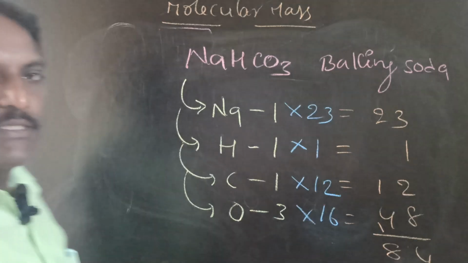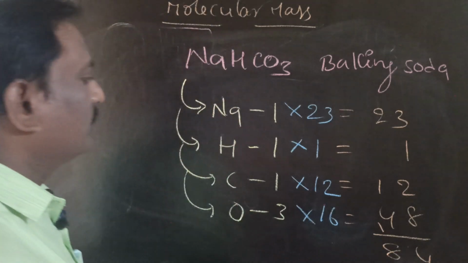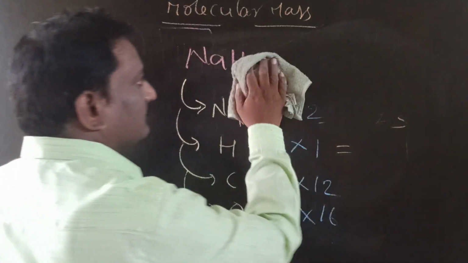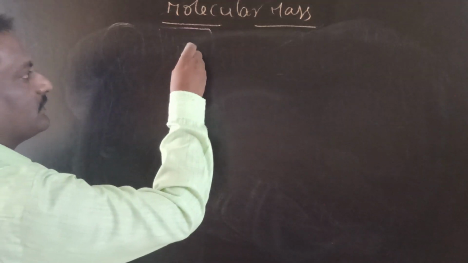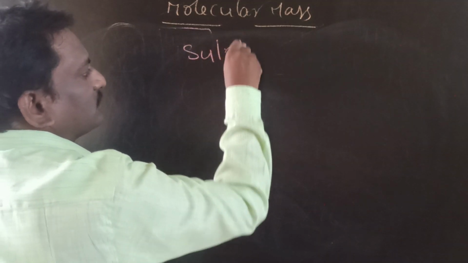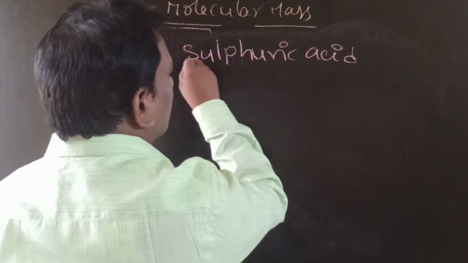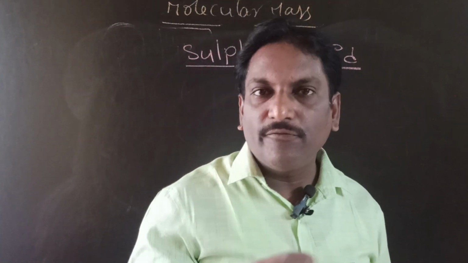Is it clear to you, my dears? Right, very good. Now let us take one more example. Sulfuric acid, also called oil of vitriol.